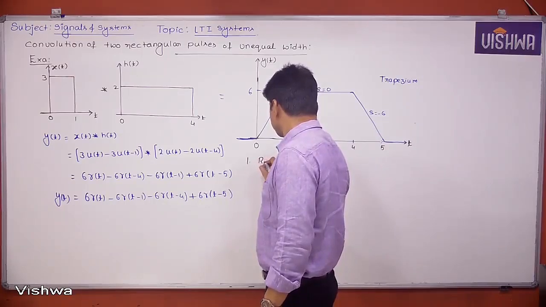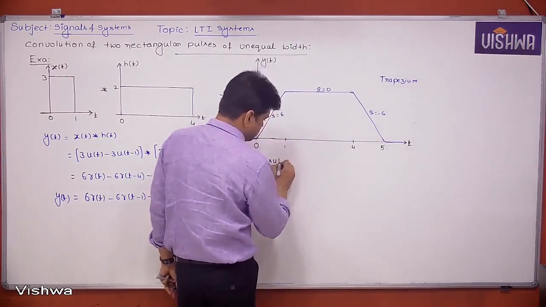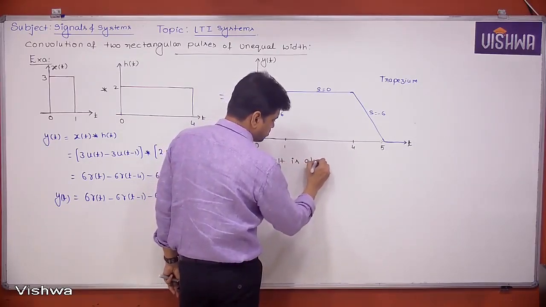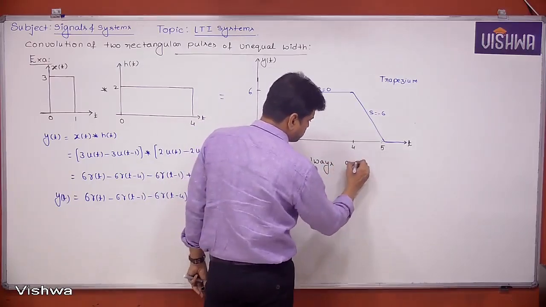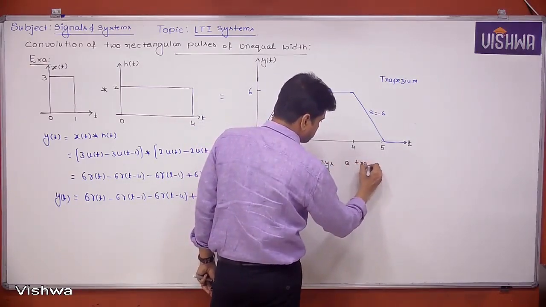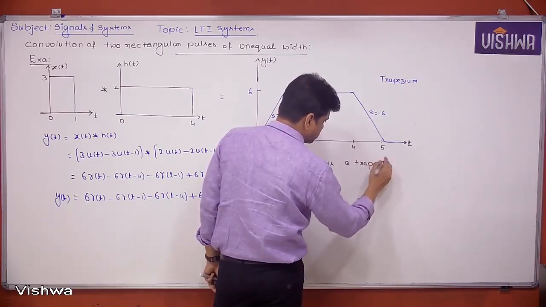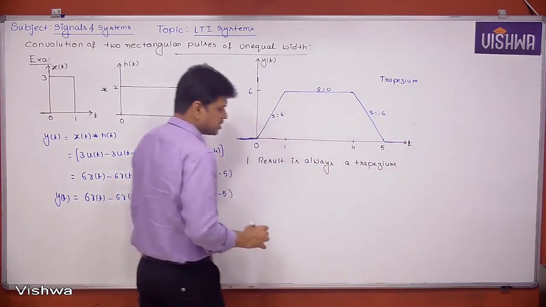Result is always a trapezium. That is the first point.